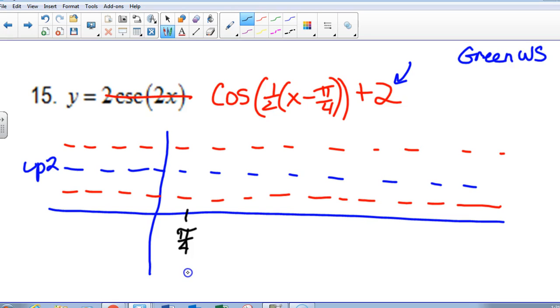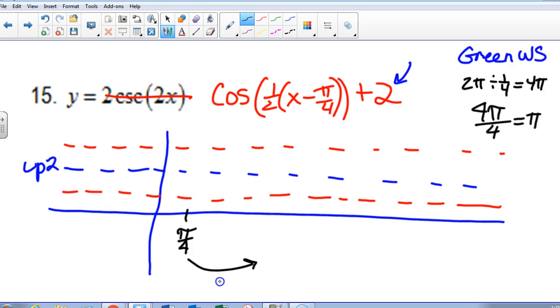Everybody okay? What is the period? Okay, the period is 4 pi. Do you remember the rule about what we count by? You take the period and you divide it by 4, quarter points. So we're going to add pi, and that's how far until we do the next point.